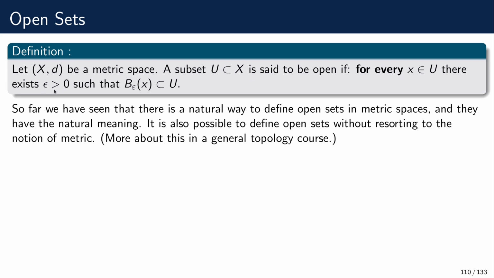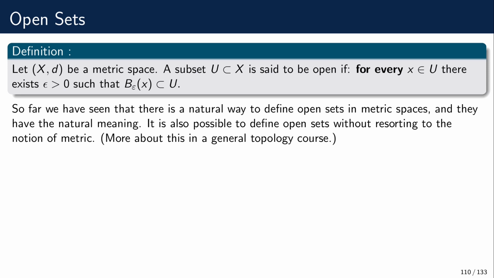It doesn't matter that it was delta previously, but we can find a positive number such that the ball with this radius epsilon is entirely contained in this set U. Okay, so we have seen that there is an actual way to define open balls and open sets in metric spaces. The essence of topology is defining what open sets are and their key properties, and more about this will be in a course in topology.